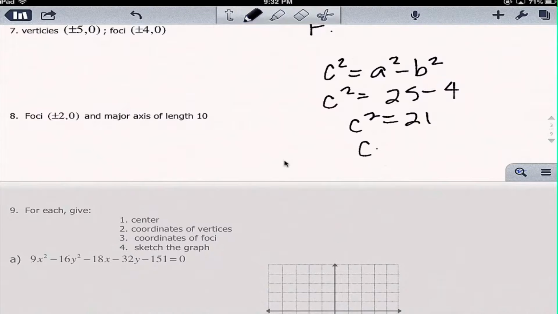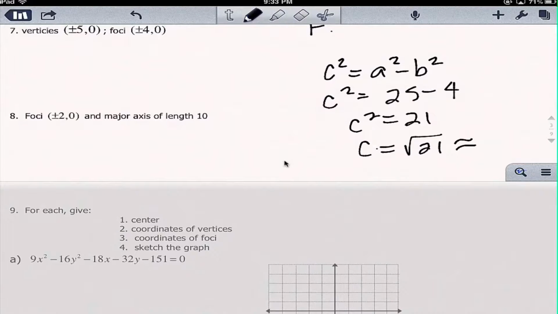C is going to be whatever the square root of 21 is. Okay, so that would be approximately, let me go ahead and do that on my calculator.